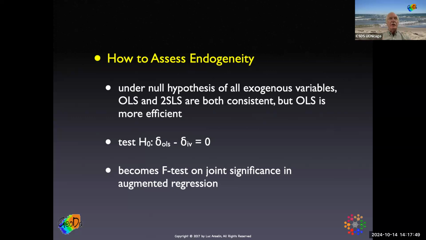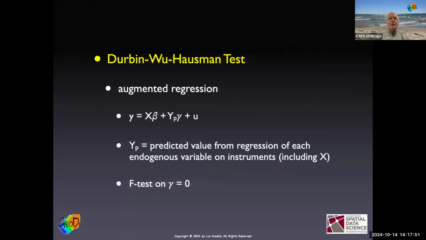So how do we do this for endogeneity? We create an augmented regression where we stick our predicted values. Remember our endogenous variables? We run a regression of each endogenous variable on all the instruments. We get a predicted value. If there is no problem with endogeneity, this should not matter.